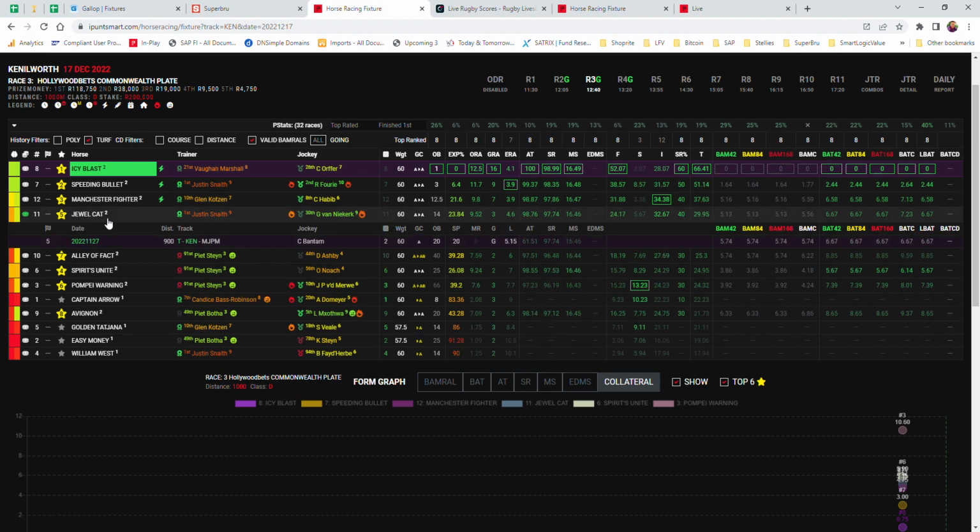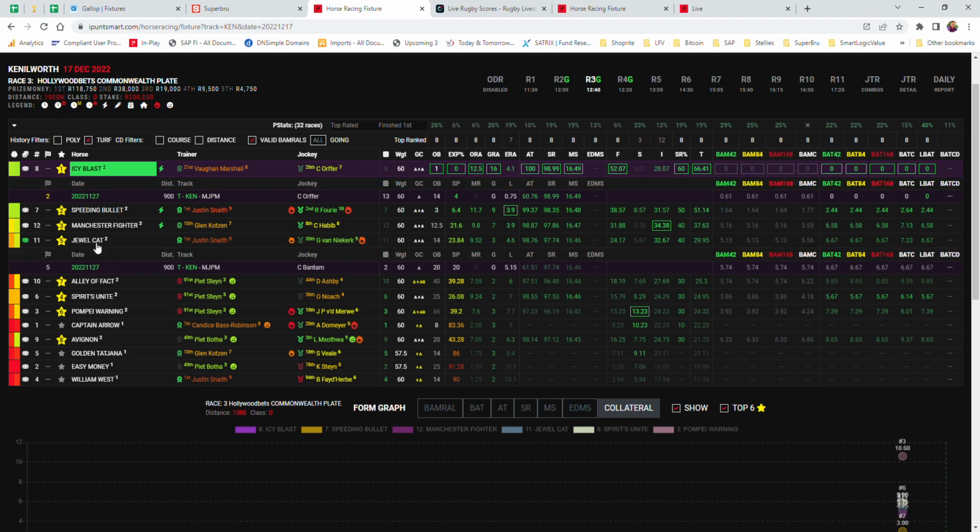I just checked here, interesting observation from my side was Jewel Cat did finish fifth, and it was 4.4 lengths behind Icy Blast, but quite a major difference is Craig Banton being replaced by Grant van Niekerk. So without intentions to use form, you don't have form. So intentions to use form is very, very important.